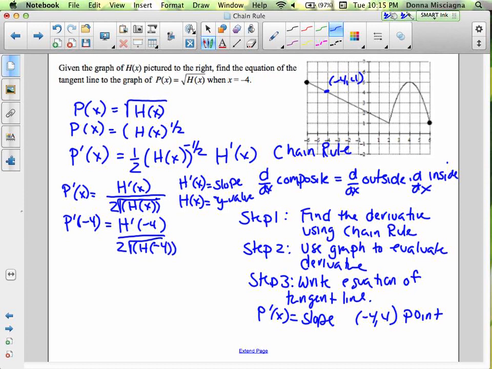Now h prime of -4, that's the slope, and thankfully it's that linear part, because that's what a derivative is: the derivative equals the slope of the tangent line.